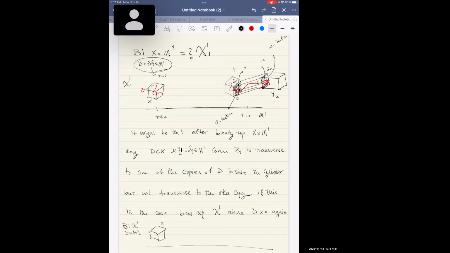Still, I have that X. Still, I have the curve inside X. But then, what happens over here is that now I have Y1 and the D. I have one of the cylinders, and then I have another cylinder, and then I will have Y2.